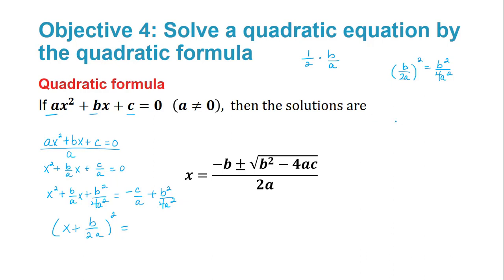I said I wasn't going to go through all this, but I am. You can fast forward this if you don't care about how to derive the quadratic formula, but notice that if we have negative c over a plus b squared over 4a squared, the common denominator is 4a squared. And so to be able to add these, I have to convert the negative c over a to a denominator of 4a squared.